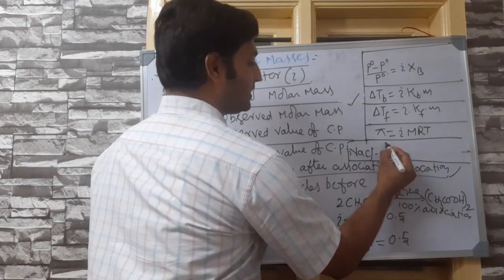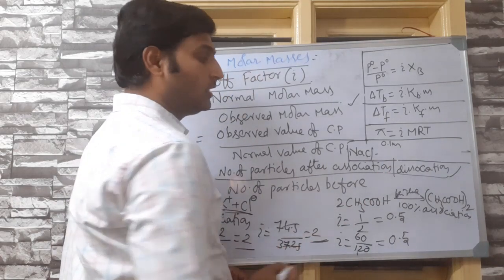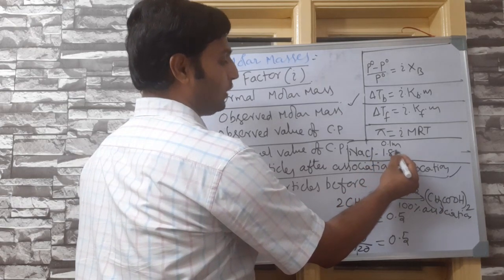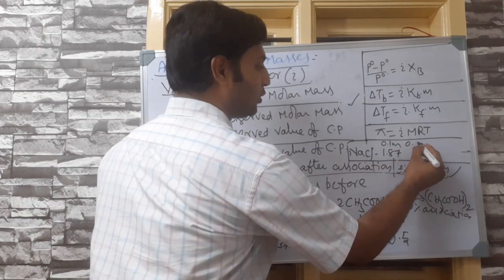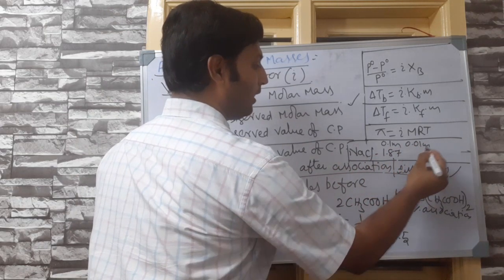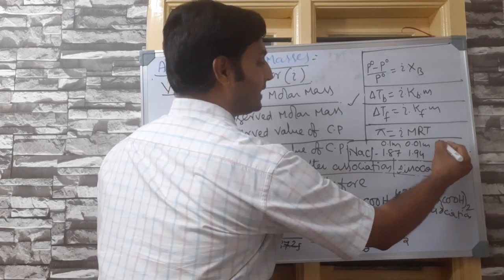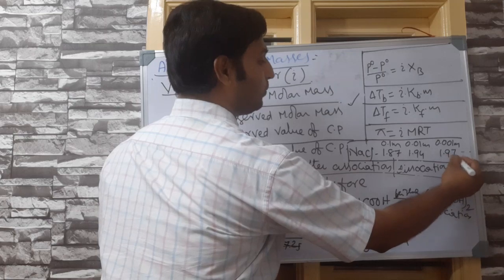Now it was noticed that at a concentration of 0.1 molal, the Van 't Hoff factor was observed to be 1.87. At 0.01 molal, it was 1.94. At 0.001 molal, it was 1.97.